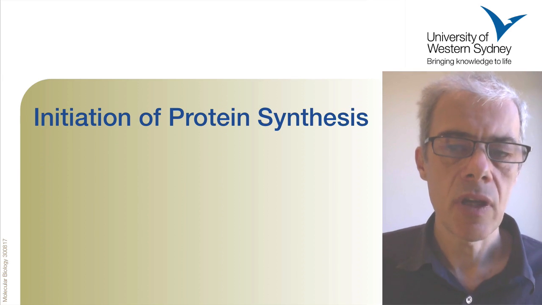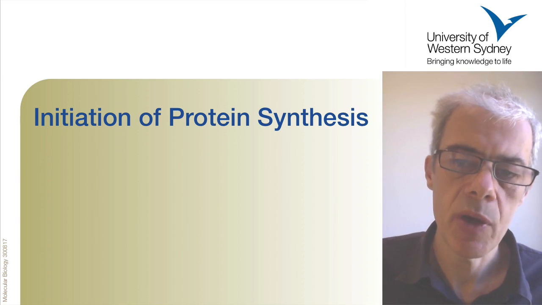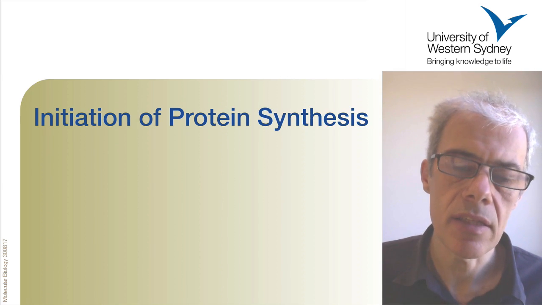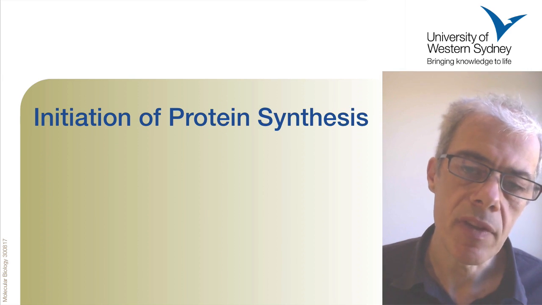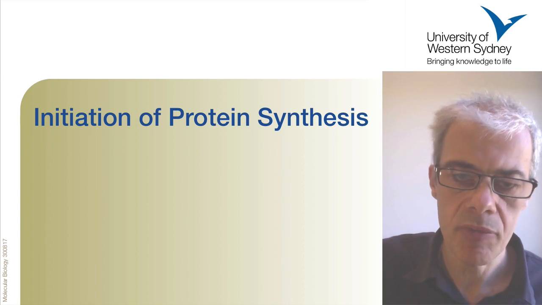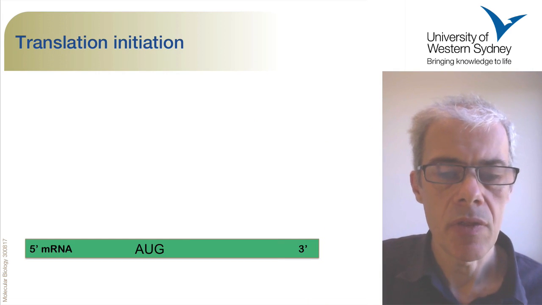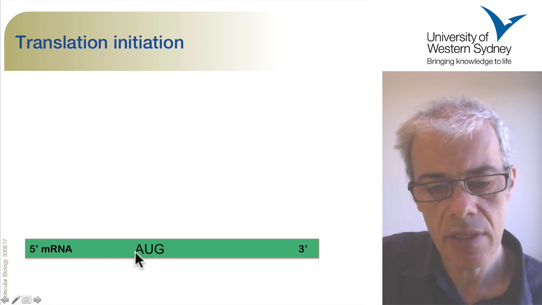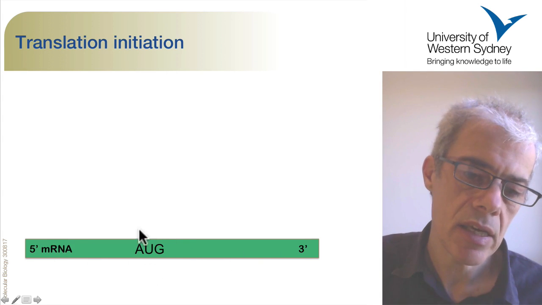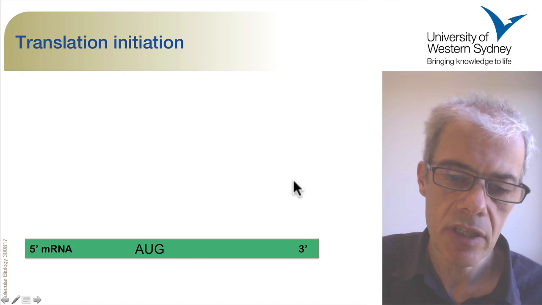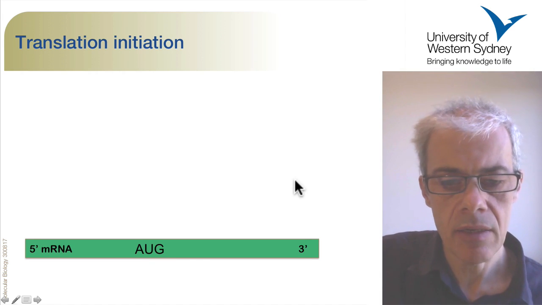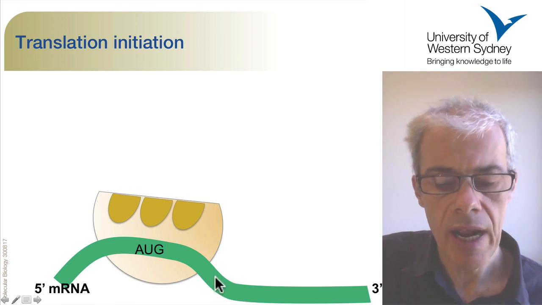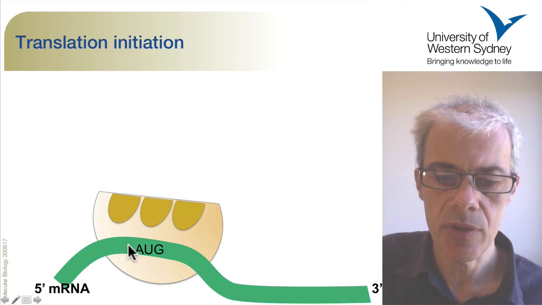So let's move on now to the initiation of protein synthesis that occurs at the ribosome. So effectively, the initiation is the assembly of the molecular machinery required to begin protein synthesis. The assembly of the ribosome around the messenger RNA is shown in this cartoon here. So here's the messenger RNA, and here's the start codon, the AUG start codon. And the first thing that happens is the small subunit binds to and threads the messenger RNA through that channel we were talking about.